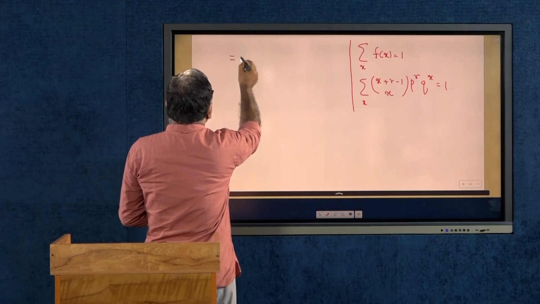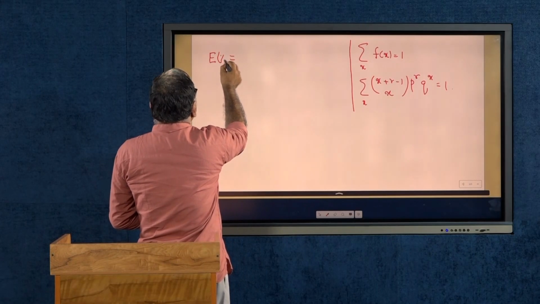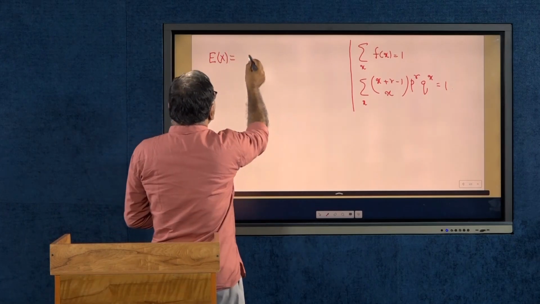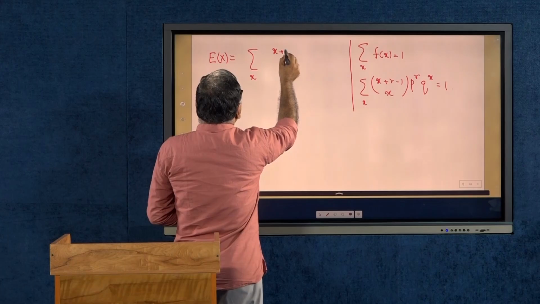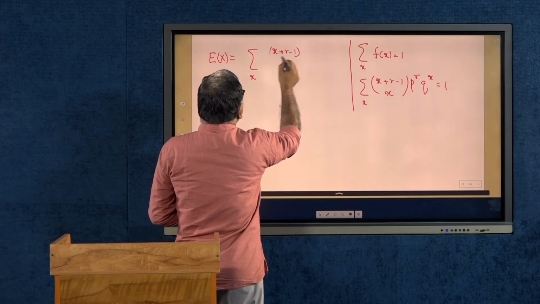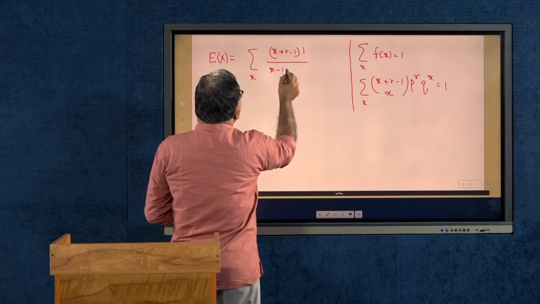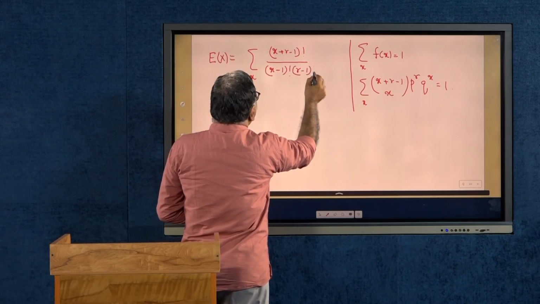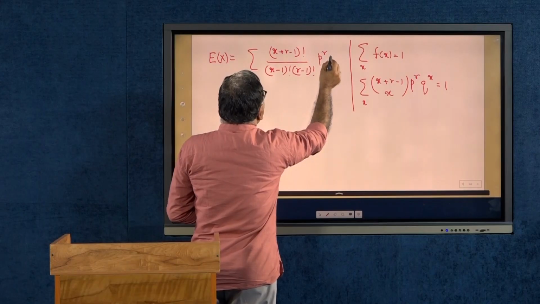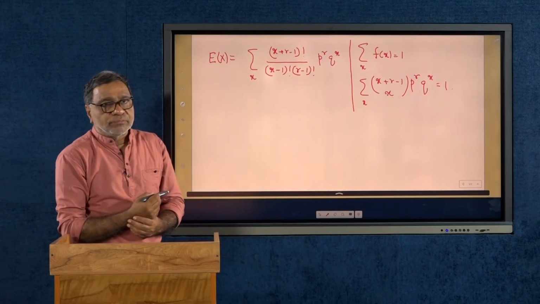Earlier, in the last expression, we have expectation of x is equal to sigma over x, x plus r minus 1 factorial divided by x minus 1 factorial, r minus 1 factorial, p power r, q power x. That was the last expression we have.